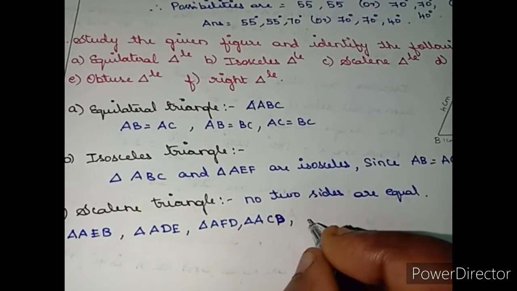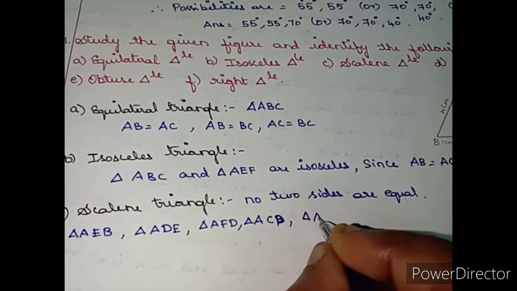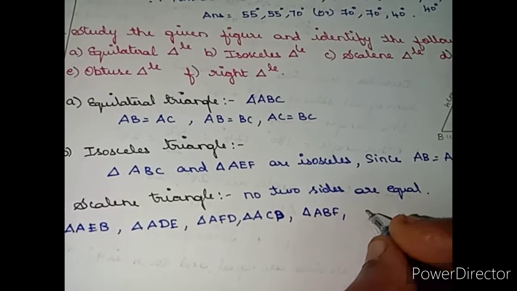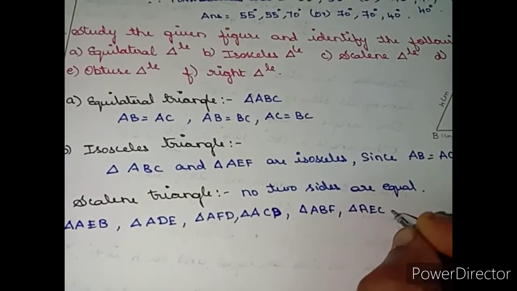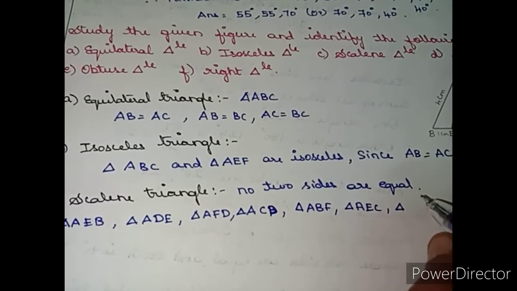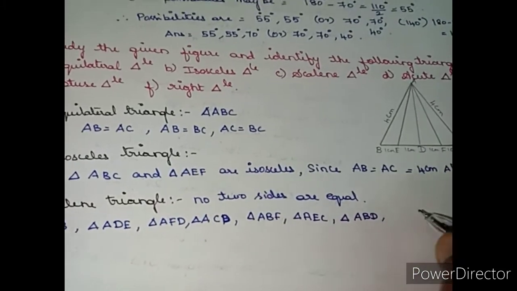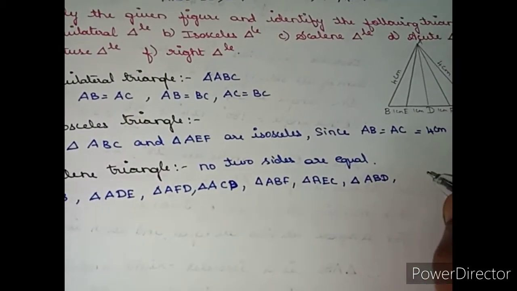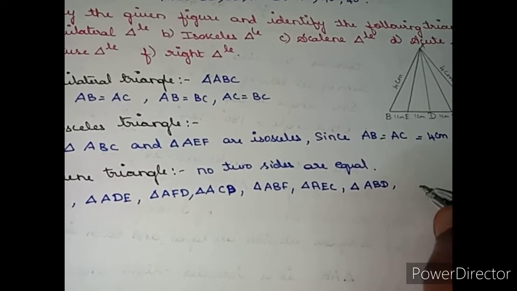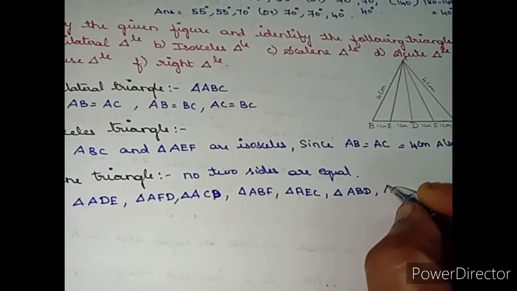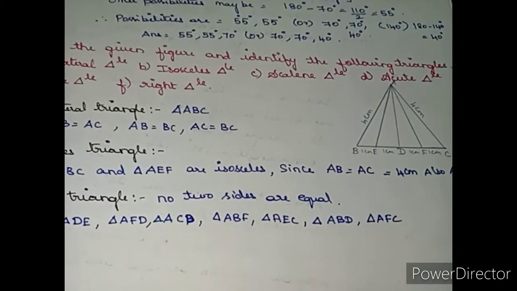Okay. So, ABF, then triangle AEC, then triangle ABD, and triangle AFC.